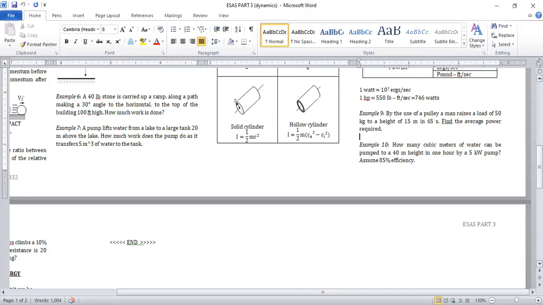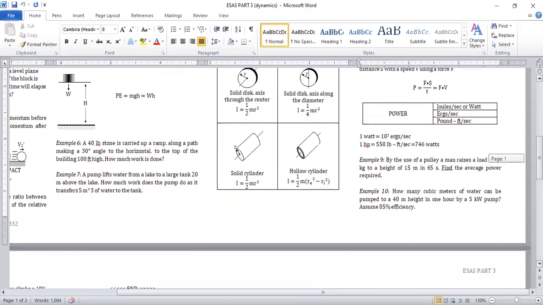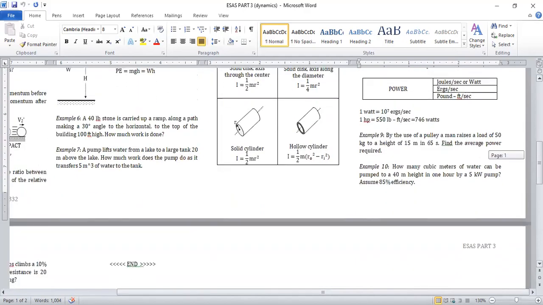So find the average power. Okay. So this is power needed, no, to pull an object. So by means of the pulley, so the power needed to pull the object, no, so to a given or to specified height.